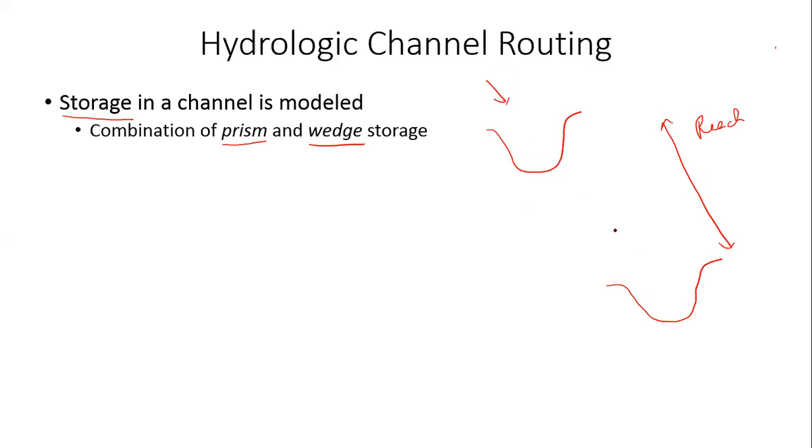I'm not going to try to draw it very accurately in 3D, but I hope you can imagine it. So let us imagine that initially, before the flood comes in, the channel is flowing at some kind of uniform flow condition. So it will have some depth over here. If it's uniform flow, then the depth here is the same as the depth at the previous cross section, assuming that the channel cross section is kind of the same.